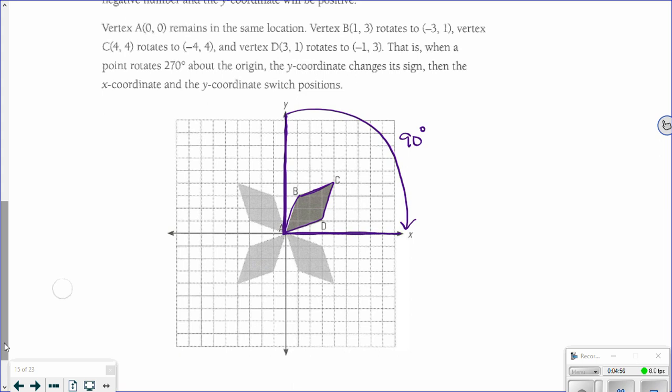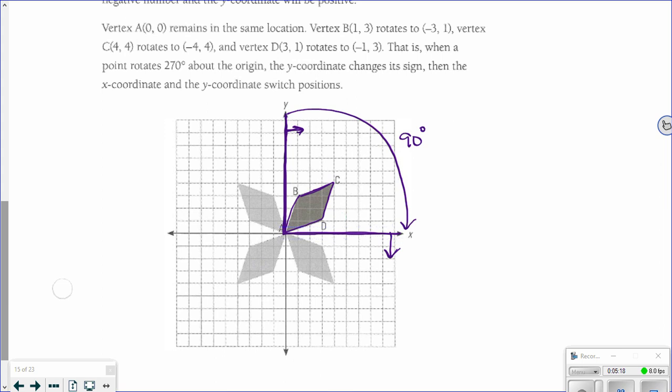I've turned it 90 degrees. And on my original, my shape was on this side of this line, and if I rotate that all the way down, it's going to be this side of this line. So it's like I'm taking this section and I'm turning the whole thing about my center of rotation.